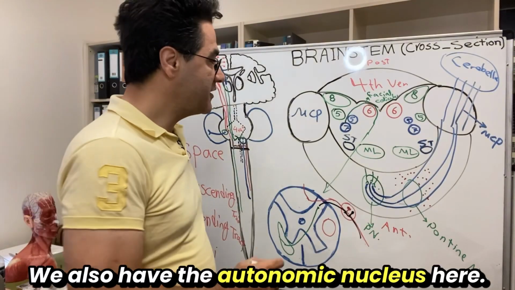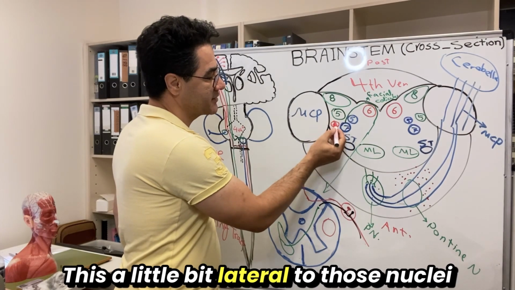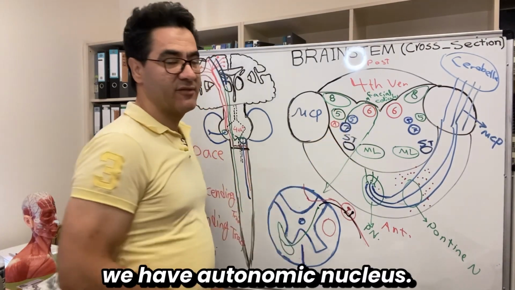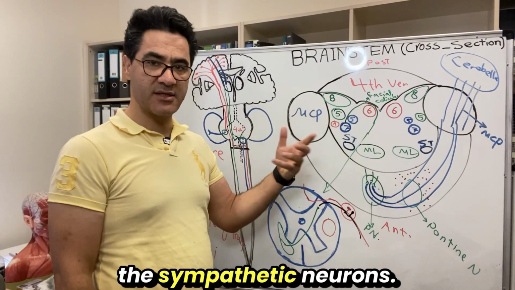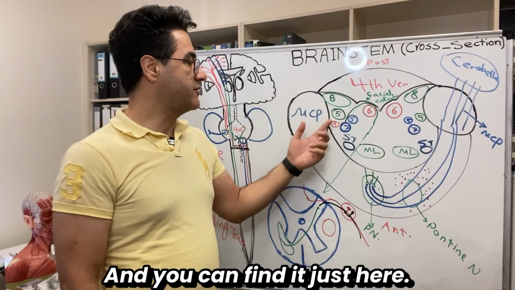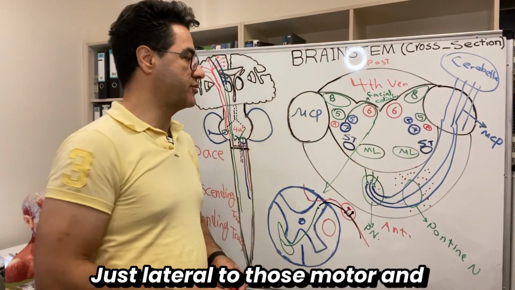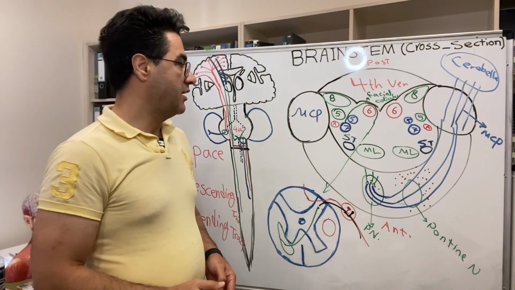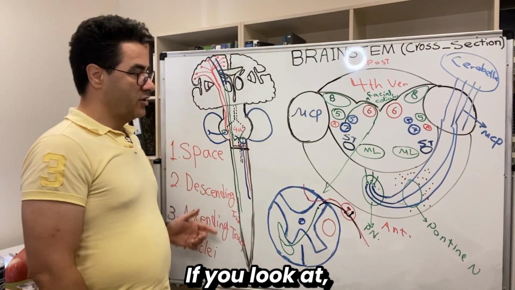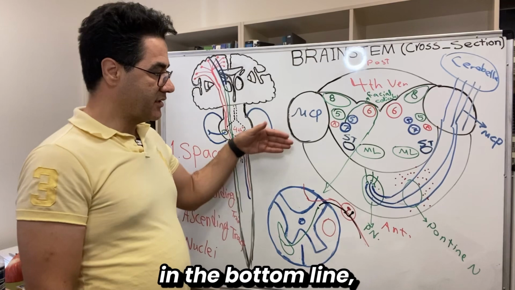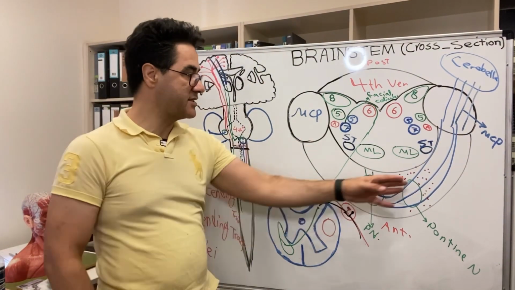We also have the autonomic nucleus here. Just a little bit lateral to those nuclei, we have the autonomic nucleus. It's associated with the sympathetic neurons, and you can find it just here, just lateral to those motor and sensory nuclei. So I showed you different parts. If you look at the bottom line, the more anterior, we have descending tracts here.